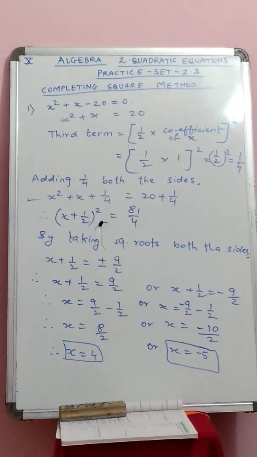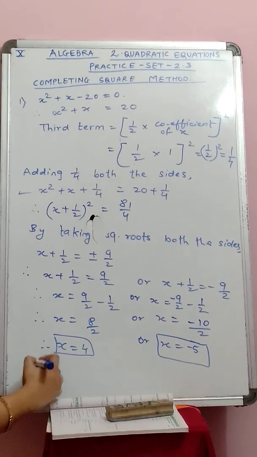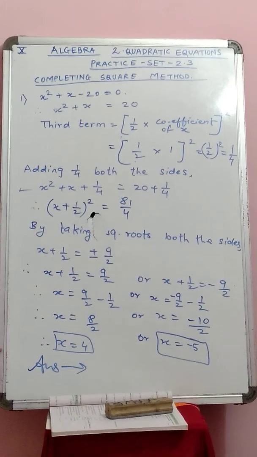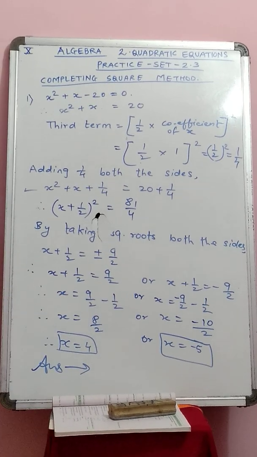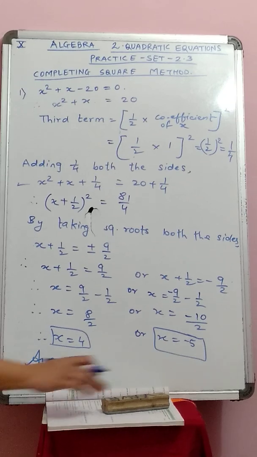So you got two values, x is equal to 4 or x is equal to minus 5. And in the answer you have to write: the roots of the given quadratic equation are 4 and minus 5. So this will come for at least 3 marks, not less than that. Okay.